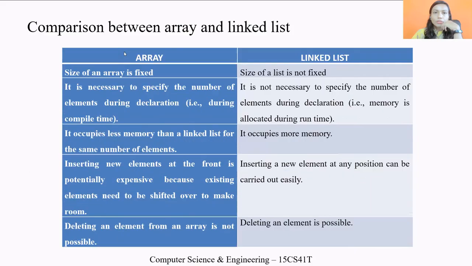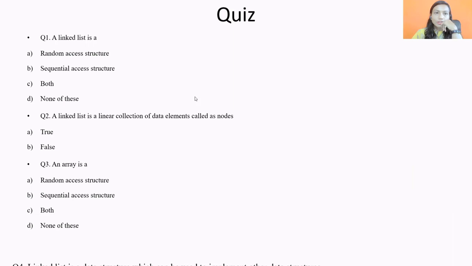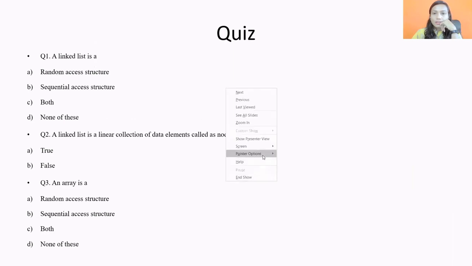So can you see the question? Can you answer this? A linked list is which one? Sequential, random, both or none? Linked list is linear, yes or no? So it is sequential.